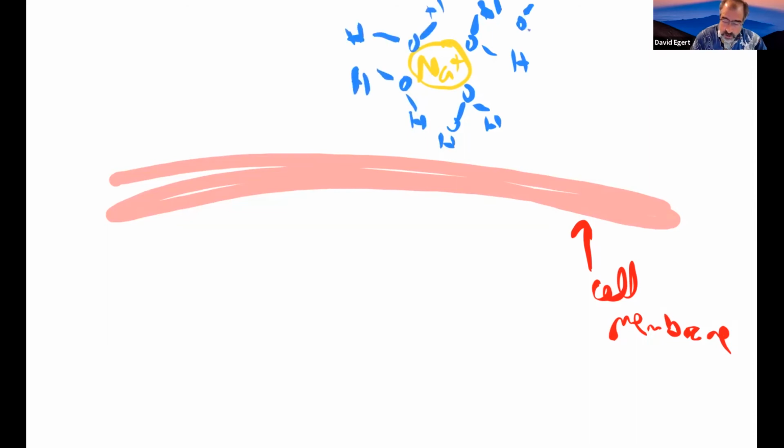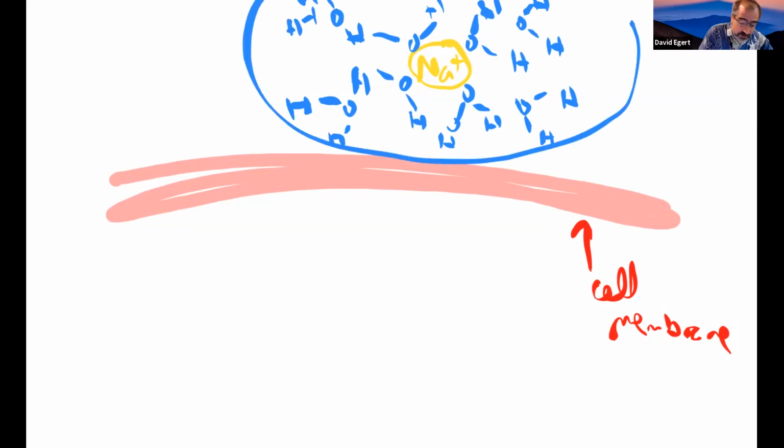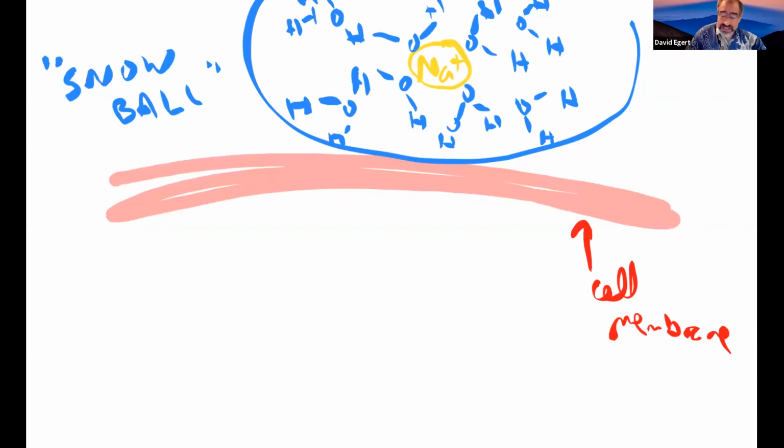The water molecules get into this really regular structure all around it because it's not just polar, it's like pure charge. So this is kind of like a snowball. Basically, it's like ice. Ice is just regularly, highly structured crystalline water.